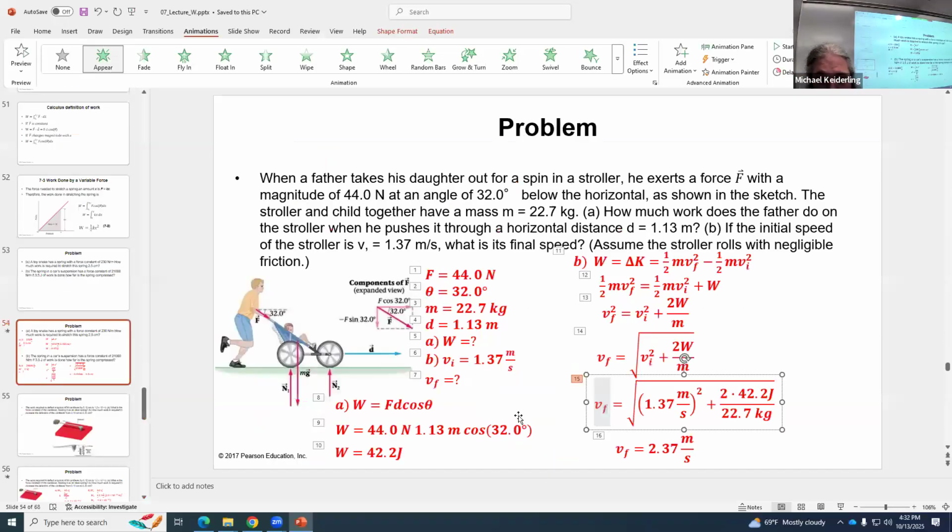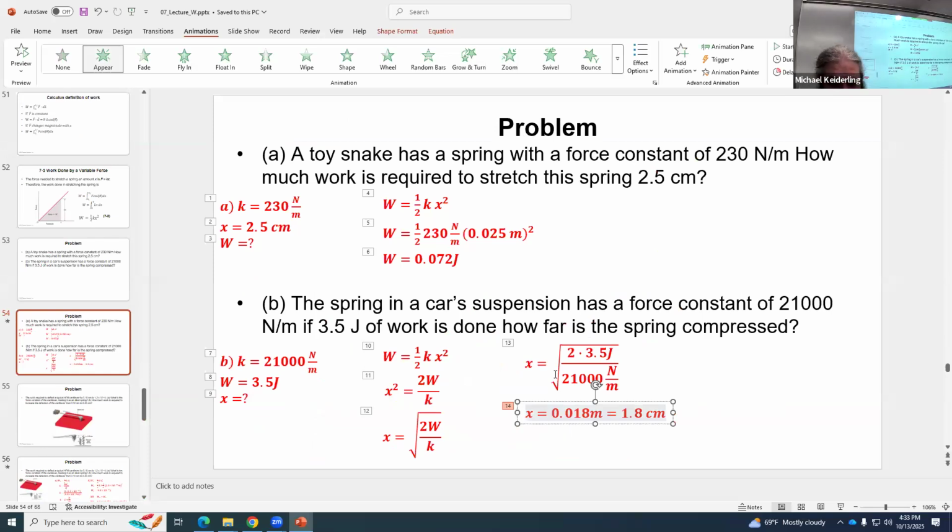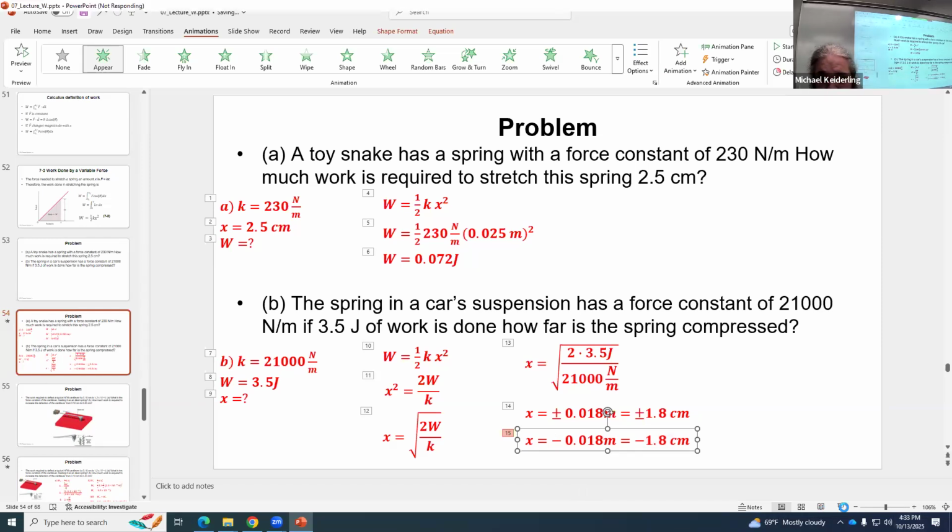Let me do plus minus. I'll re-upload these slides.